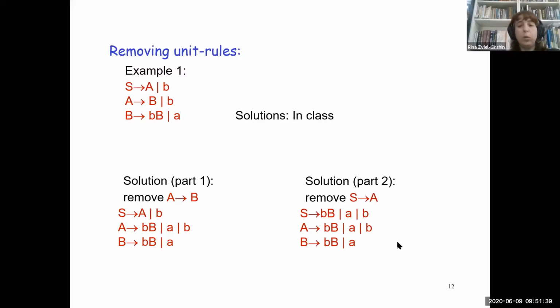Now I continue. I still have a unit rule, S derives A, so I will do the same. I will replace A with the right-hand side of A. And then I would also add the additional B that I have, but I don't need the derivation of B twice.